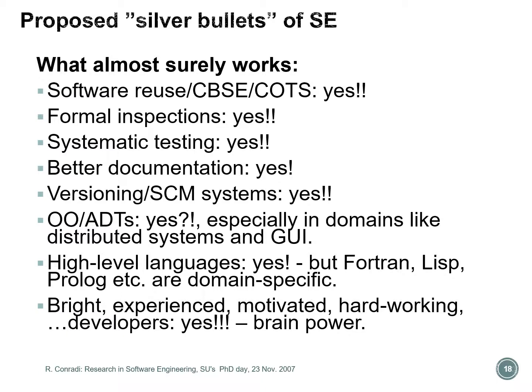So software reuse using the commercial hardware tools, focusing on the software development aspect, not hardware development. Of course, that works. Formal inspections work. Systematic testing works. Documentation practices, making them better works. Version control systems work. Object-oriented programming works.